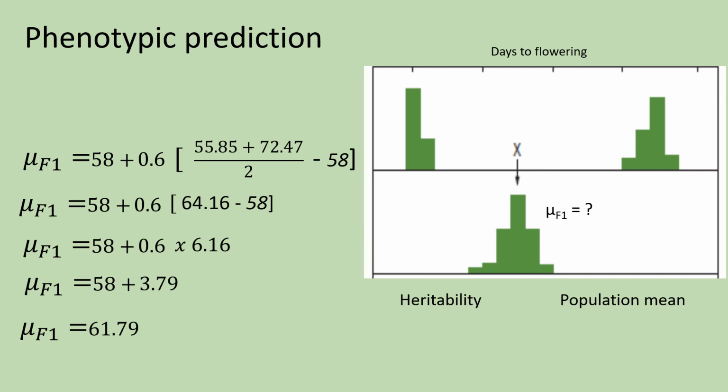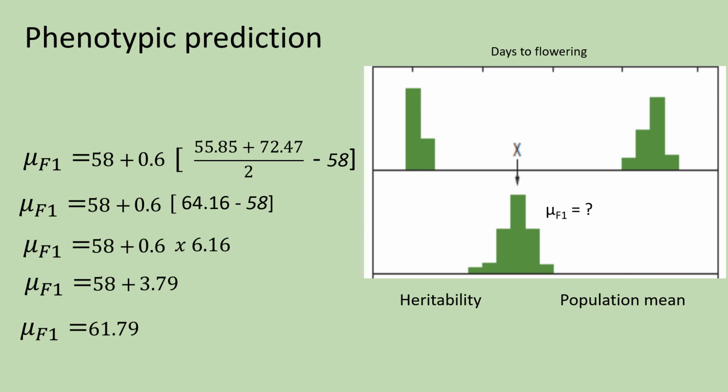This means that the flowering of each of the parents on average is delayed by 6 days compared to the population mean. Then we multiply this deviation from the mean with heritability, and we obtain an average additive contribution of the two parents to the phenotype of the offspring, which is about 4 units, or 3.79.